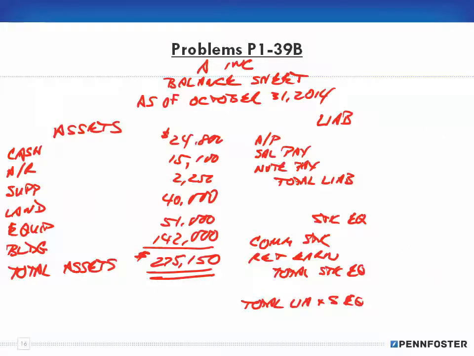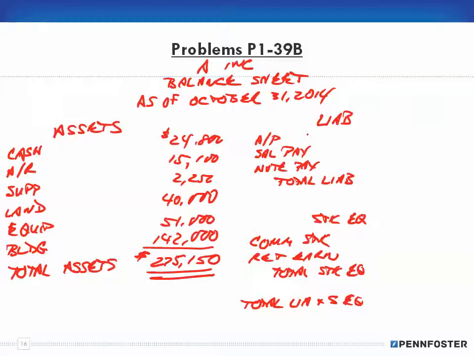But remember, I'm doing two mathematical calculations here, right? I want a mathematical calculation to get my total liabilities, actually three calculations, total liabilities and my total stockholders' equity. But then I'm going to add those two together in order to get my total liability and stockholders' equity. So just watch me as I do this and you'll understand why.